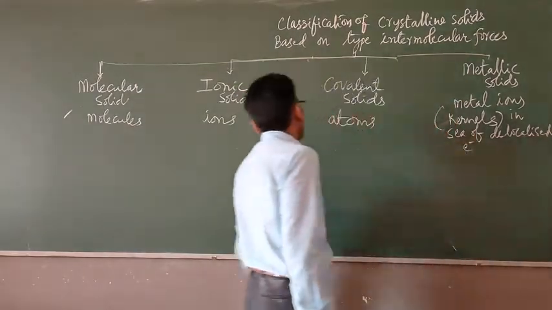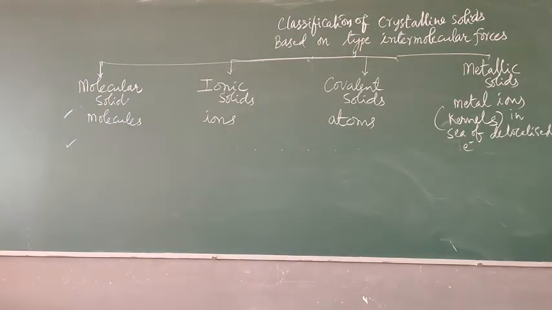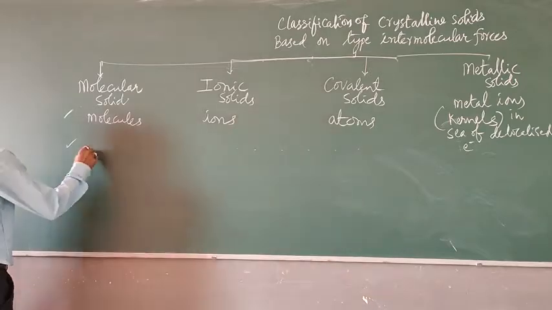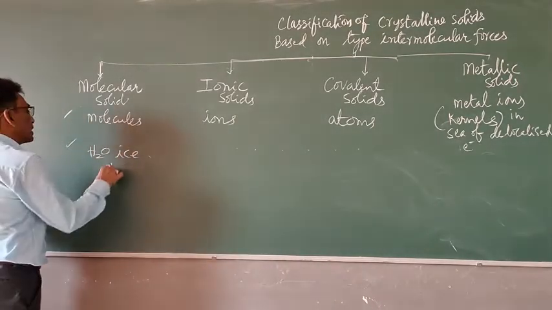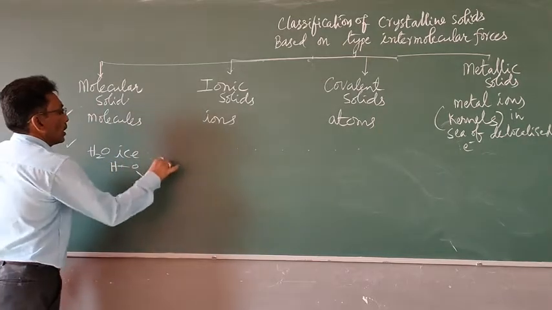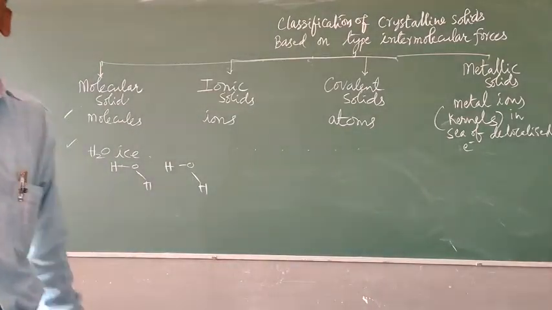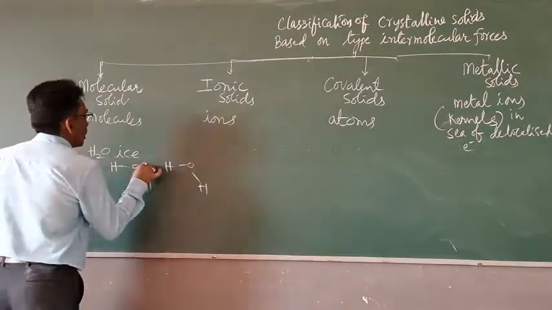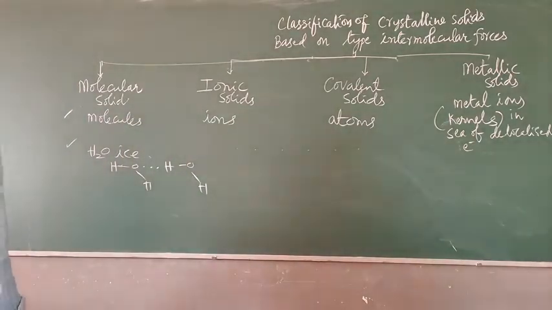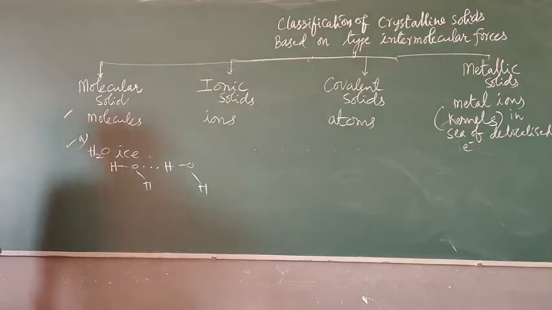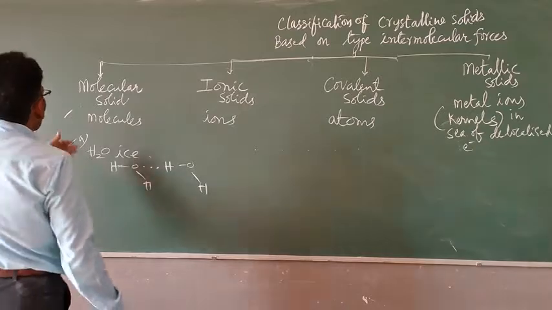What are the forces operating? The next point is forces operating. If you take H2O as ice, how is it attracted? H-O-H. From your first year knowledge, these are held by weaker electrostatic forces known as hydrogen bonding. Here the type of forces is not fixed by the nature of the solid; we have different names.